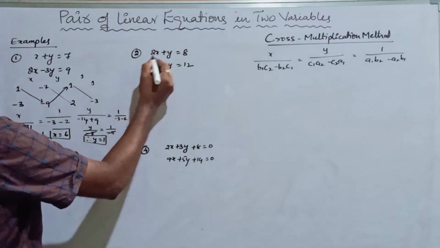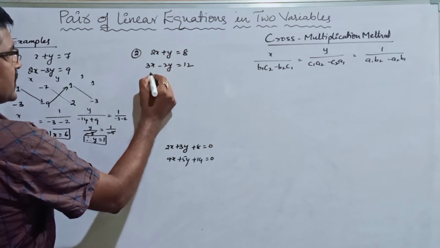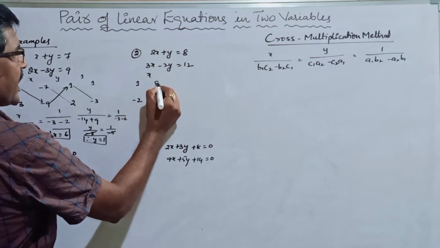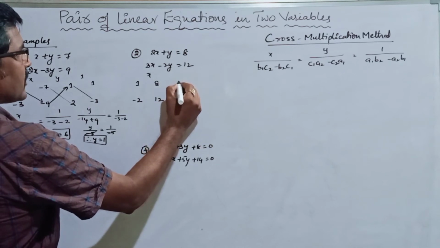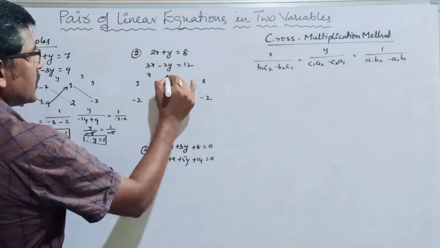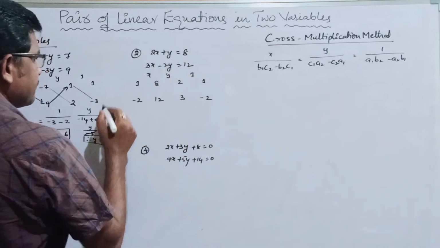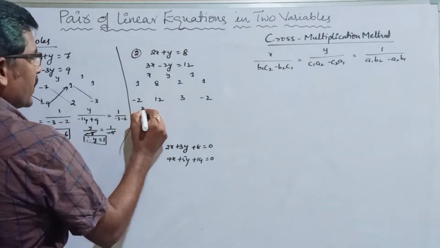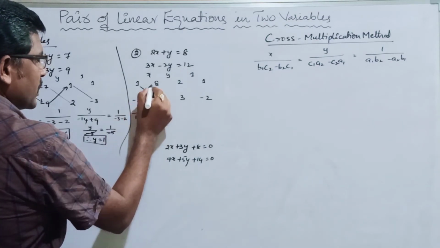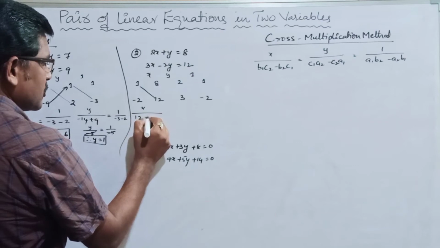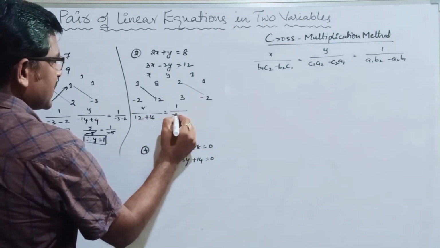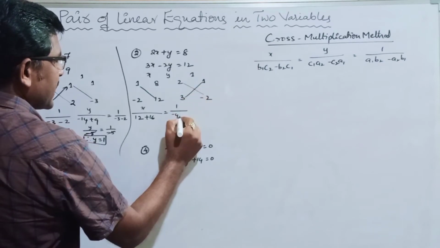So the same for the second example. First write 1, minus 2, then 8, 12, then 2, 3, then again write 1, minus 2. Here y, here 1. So x by cross multiplication: 12 1s are 12, 2 8s are 16, minus 16, minus into minus plus 16, is equals to 1 by 2 2s are minus 4, 3 1s are minus 3.